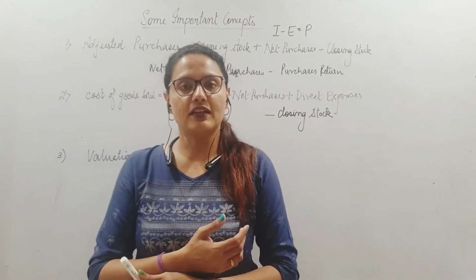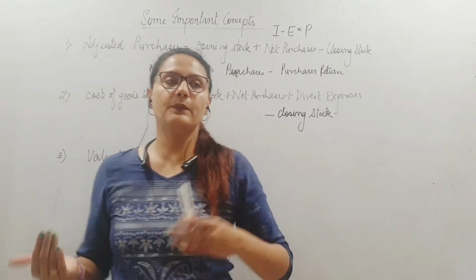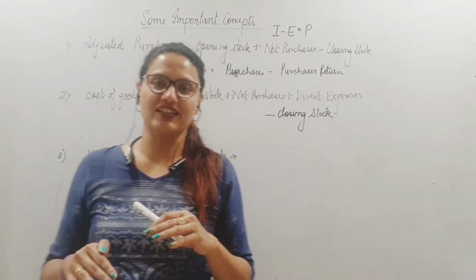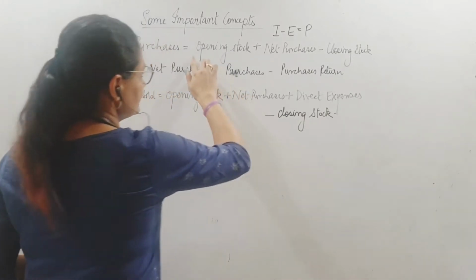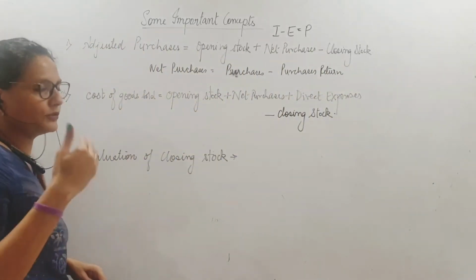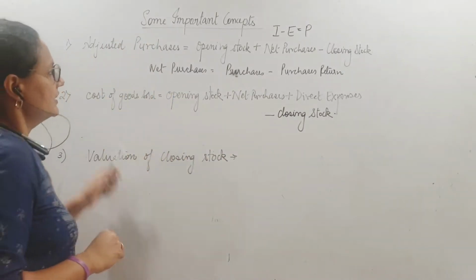You had the profit and loss chapter, SP minus CP is profit, CP minus SP is loss. That level of profit we are talking. Okay. So this is the formula for adjusted purchases. We'll come to what effect it has on trial balance later on. First, to understand what this is.